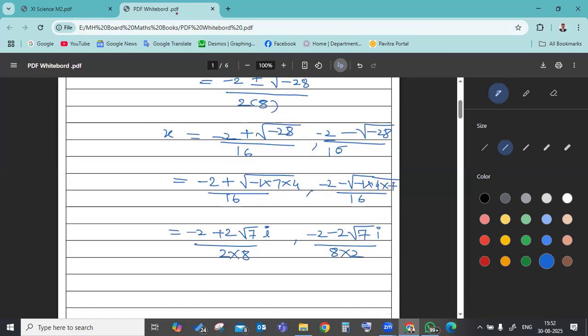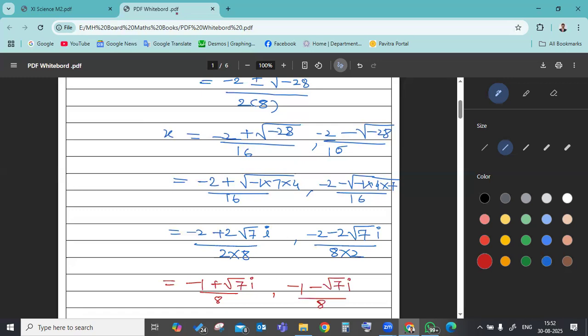Now this 2 is cancelled with the numerator, then it becomes minus 1 plus root 7 i upon 8, or minus 1 minus root 7 i upon 8.